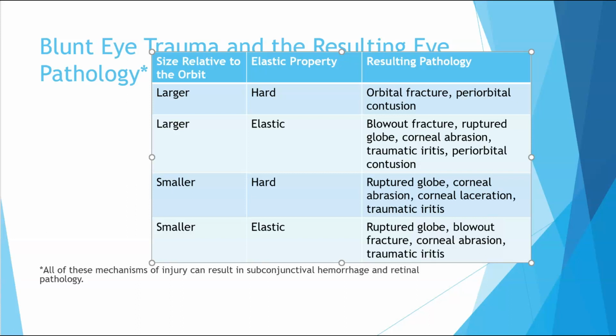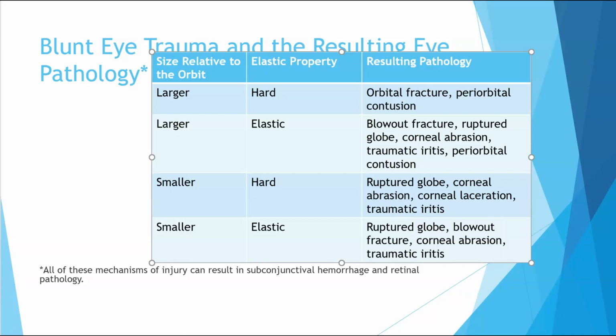Sorry, the table is kind of oversized, but what we're looking at on here is the size relative to the orbit. So is it bigger or smaller than the orbit? Meaning, is it smaller like a golf ball or is it larger like a softball? The elastic property, is it hard, like a baseball, softball, or is it elastic, kind of more like a tennis ball?